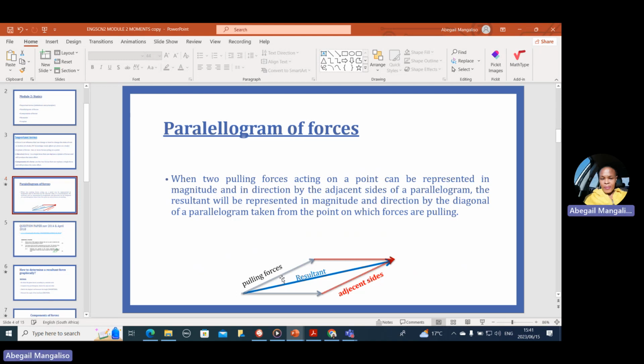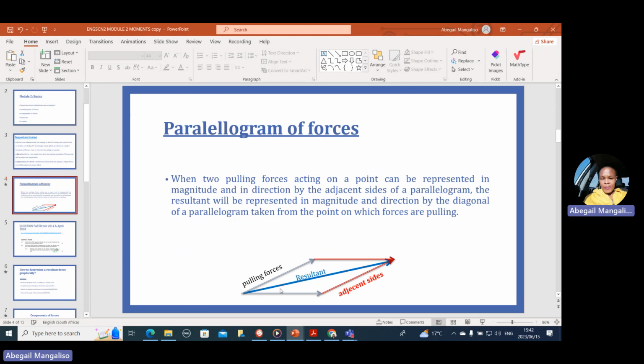So when you are given these forces and they are both pulling from this point, if these two forces can be represented by adjacent sides, so the red lines here are the adjacent sides of a parallelogram in magnitude and direction, the resultant of these two forces will be represented in magnitude and direction by the diagonal of the parallelogram.